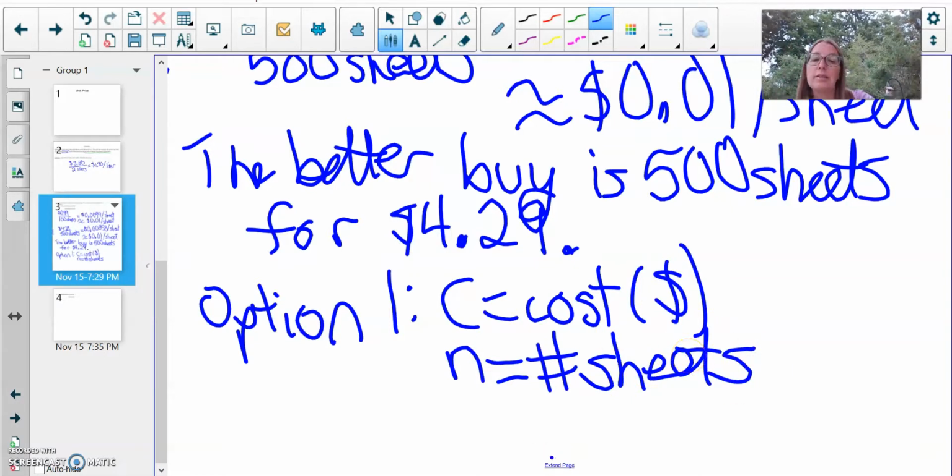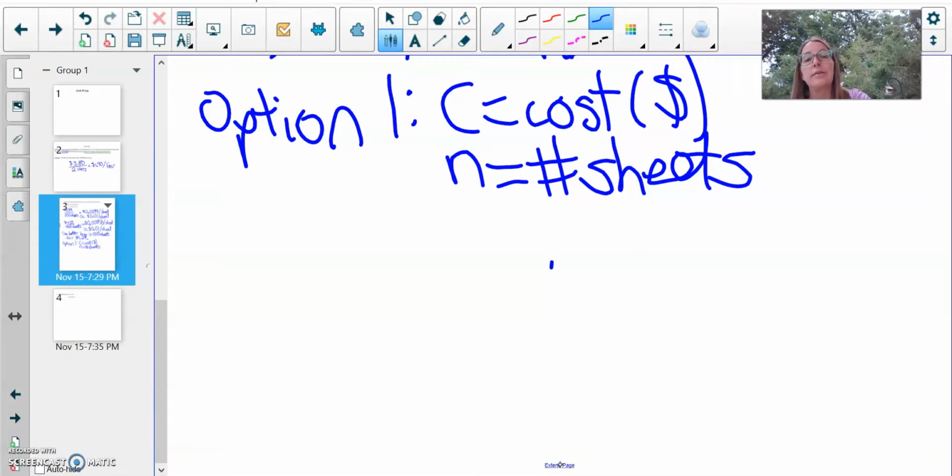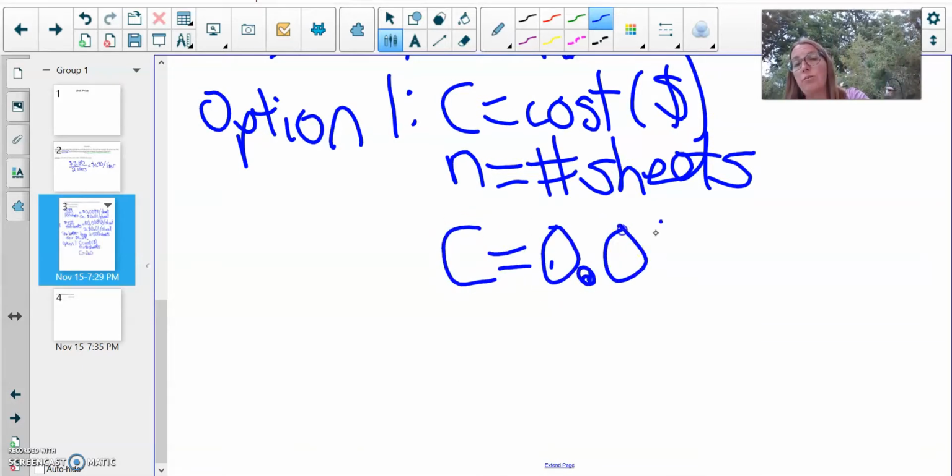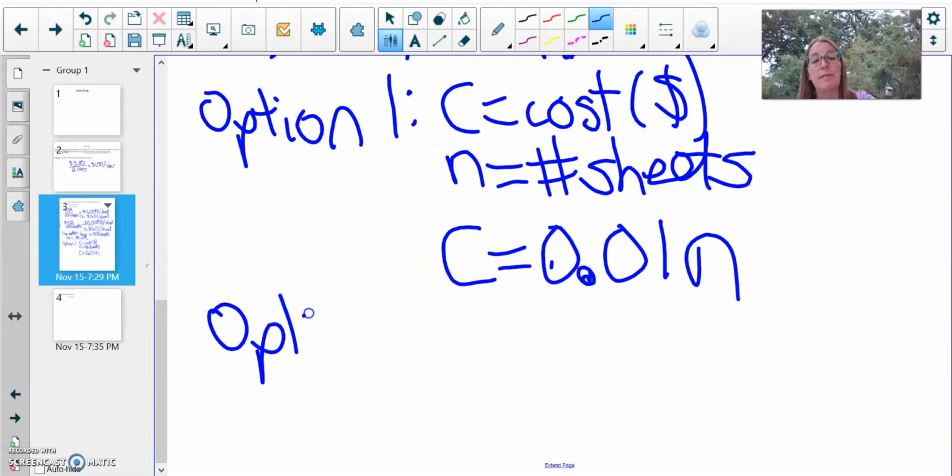And we're actually going to use the rounded answer here. So for each option, the equation is going to be the exact same. 1 cent times the number of sheets will give me the cost. And that's also the same thing for option 2.